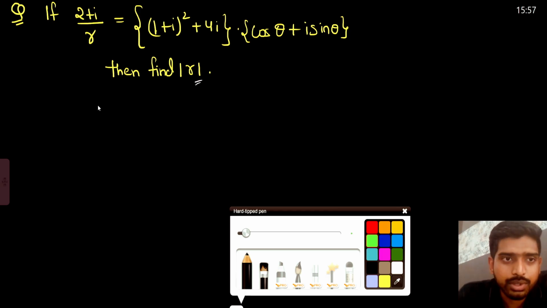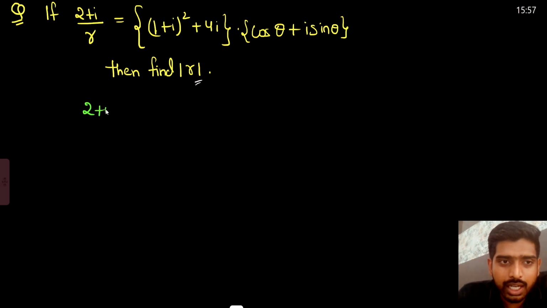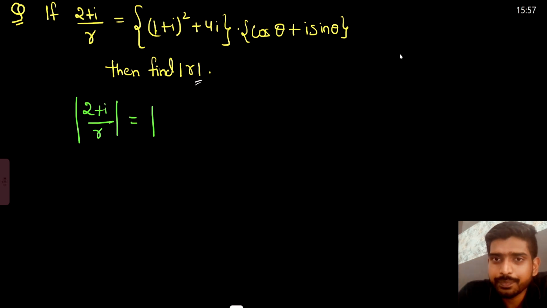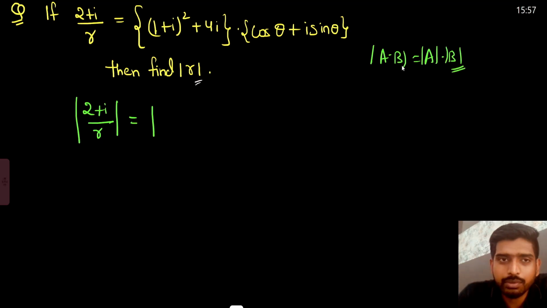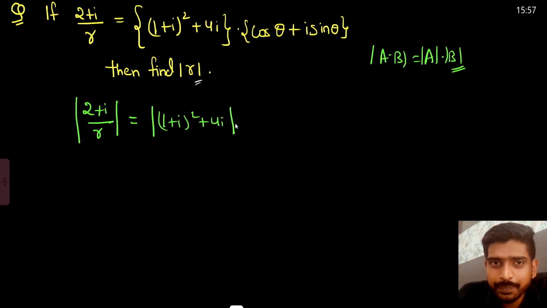So I will get mod of 2 plus iota upon r is equal to mod of a into b. I can write this as mod a into mod b, right? This is a property of mod. This property only I will use, and here I'll write mod of 1 plus iota whole square plus 4 iota, multiplied by mod of cos theta plus iota sin theta.